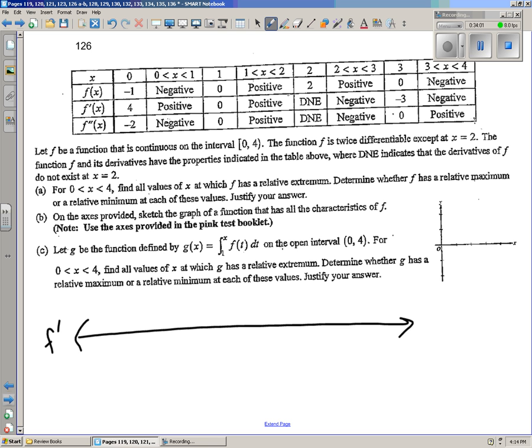From 0 to 1, the derivative is positive. At 1, the derivative is 0, but it's still positive until we get to 2. Then it's undefined, doesn't exist. Then it's negative through 4.